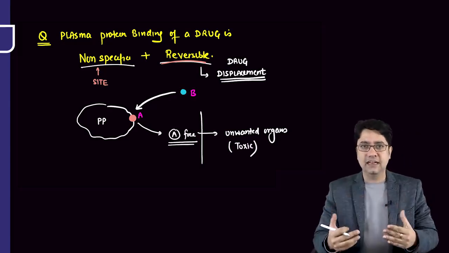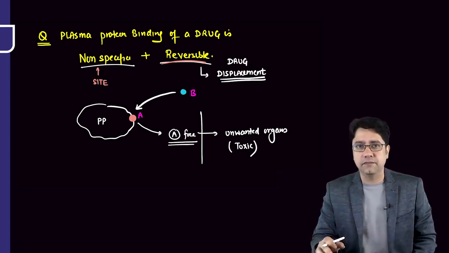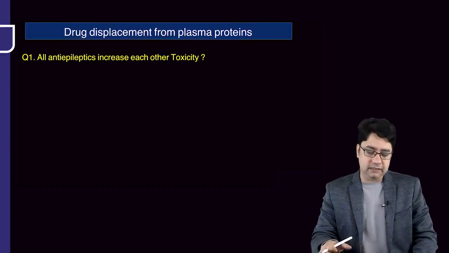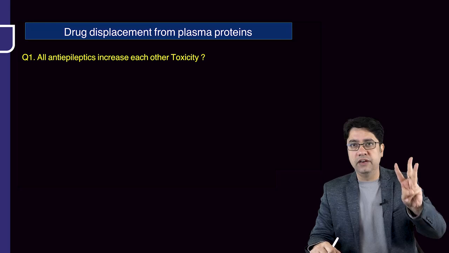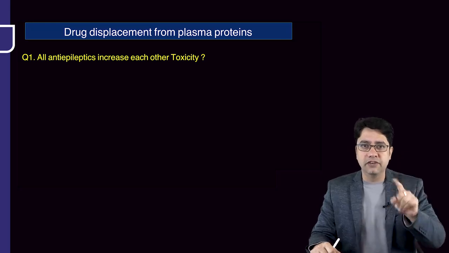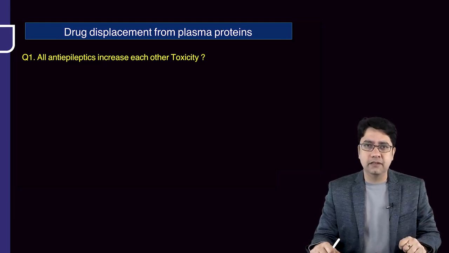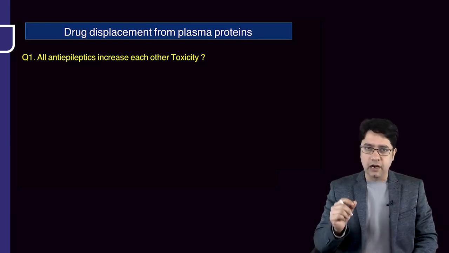So let's understand with very important examples which are important in our patient. So the first example of this drug displacement is drug displacement from plasma protein. We will discuss three examples. The first example is all anti-epileptic drugs, they increase each other toxicity. How?